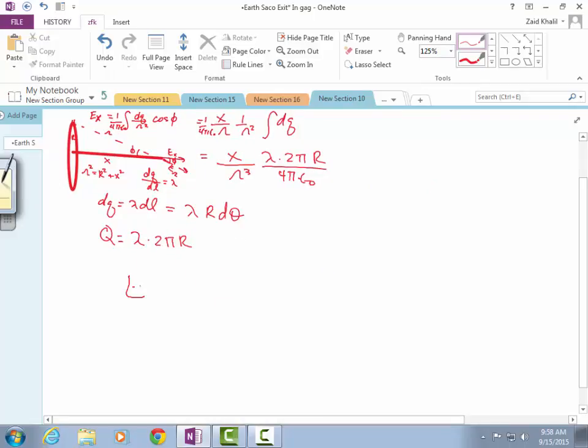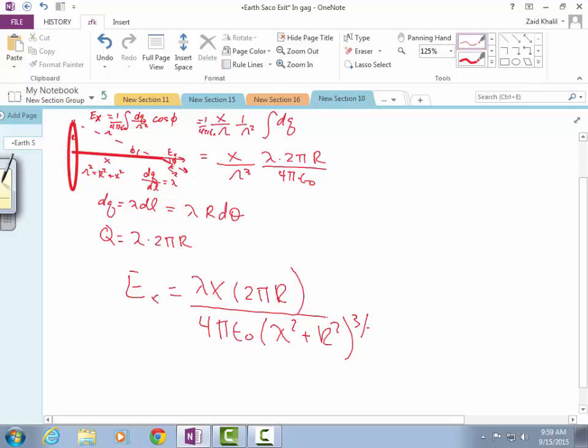E_x is equal to x times lambda times 2 pi r over 4 pi epsilon 0 times (x squared plus r squared) to the 3/2.